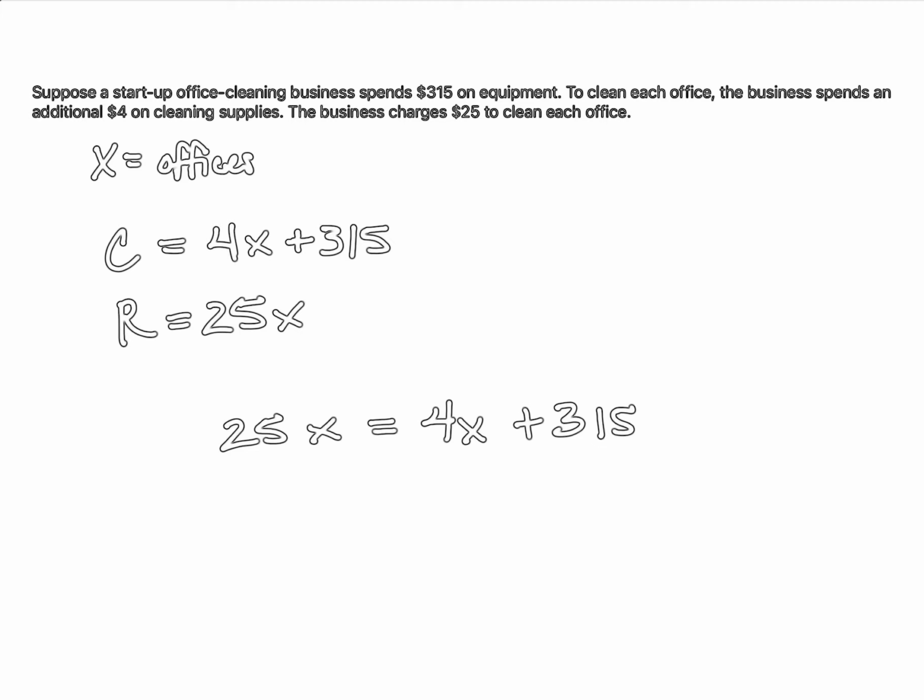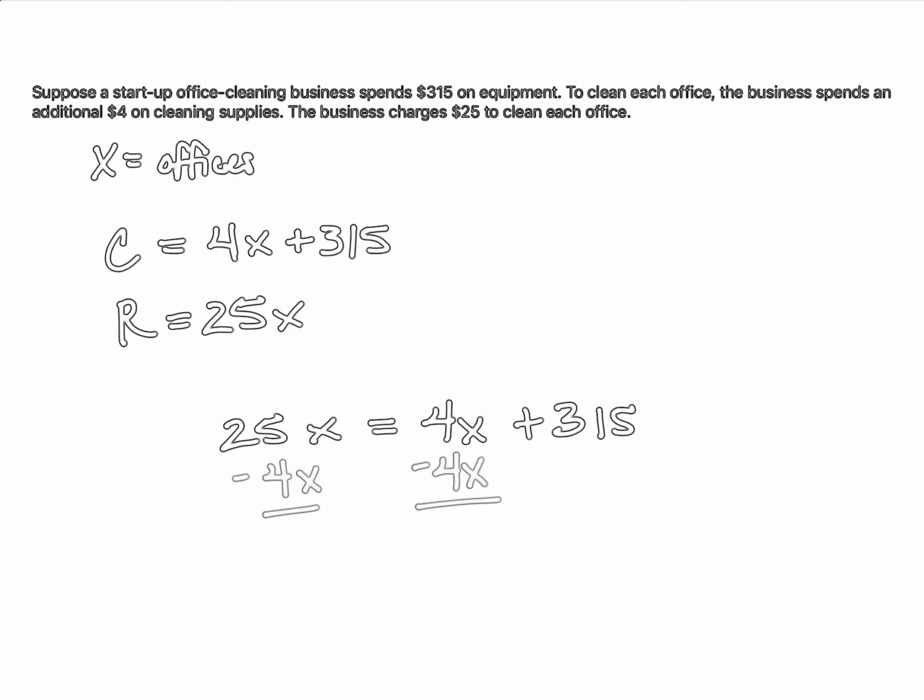So now let's just solve. Subtract 4x from both sides. Remember, this is the subtraction property of equality. The reason we do this is because that equal sign means that both sides should be equal to each other. So remember the word equality.